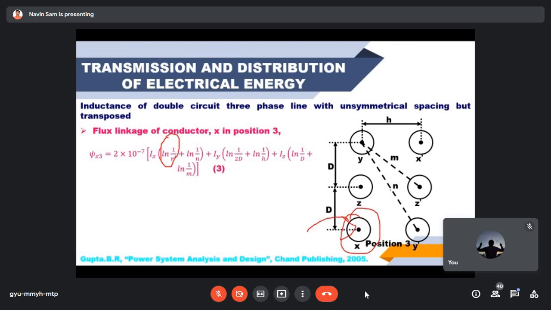Similarly, X dash is present, there is a flow of the same current Ix. The distance between X and X dash is, as you can look at this, Y and Y dash is N. Hence X and X dash is again N. That is the reason why it is ln 1 by N.